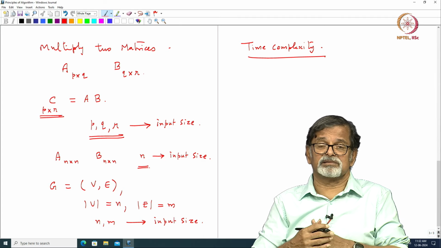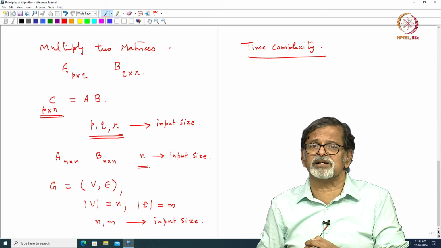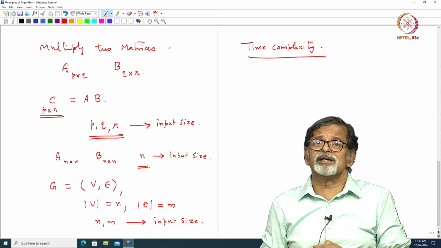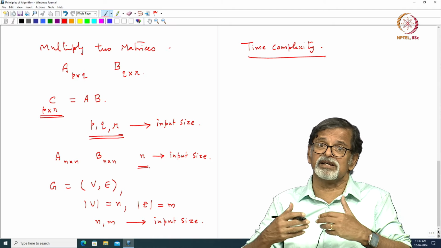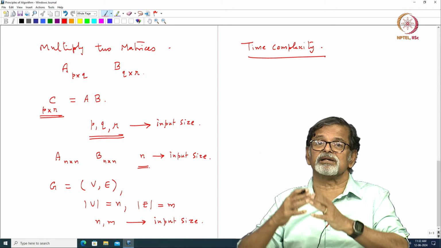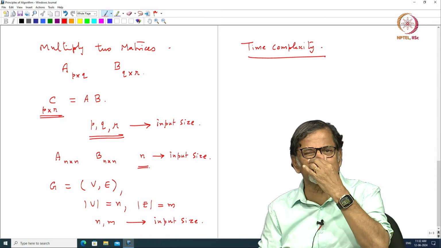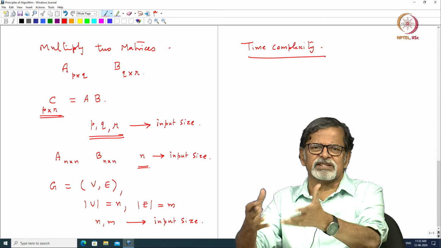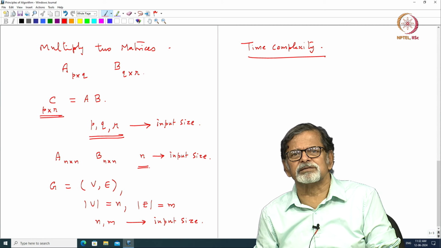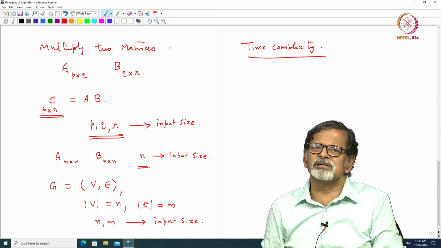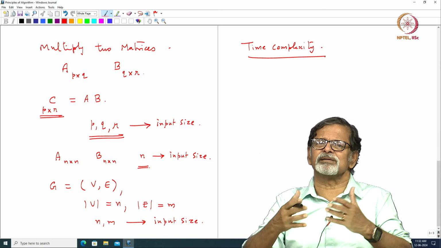In the early days, just 60 to 70 years back, the efficiency of an algorithm was determined by physically implementing that algorithm, running that code on a few inputs, and then checking how much physical time it takes. And this way the comparisons of the algorithms were done.